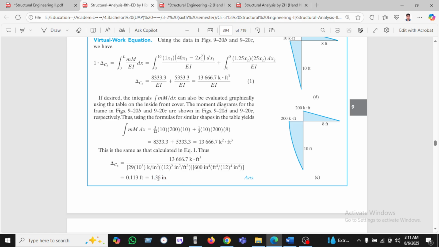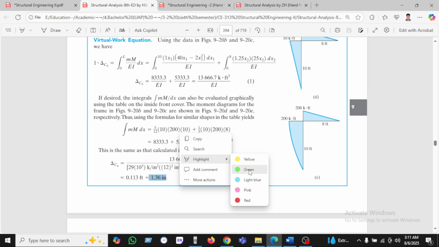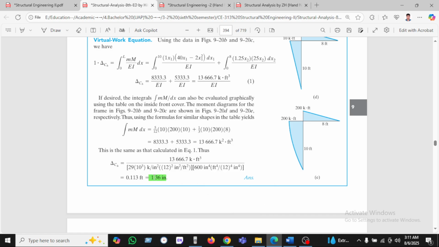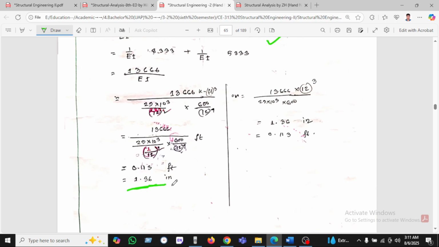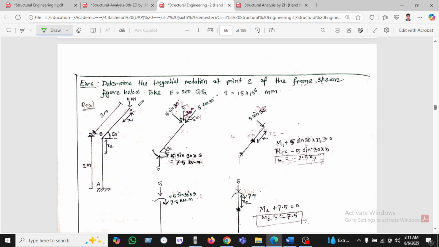Lastly, they took the final result, 1.36. I also found 1.36 inch. So all are the same.